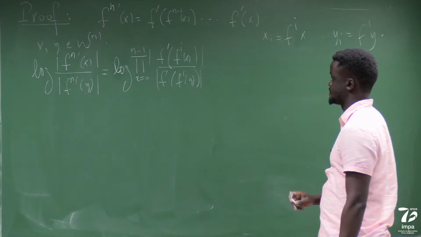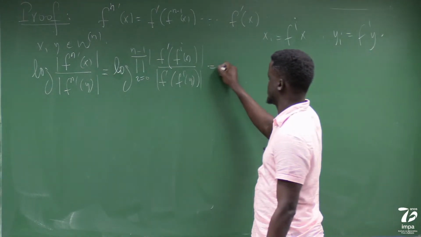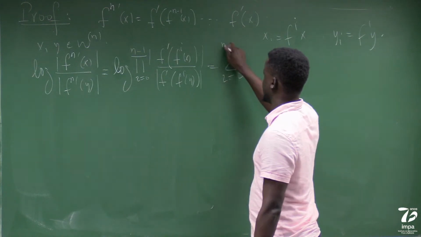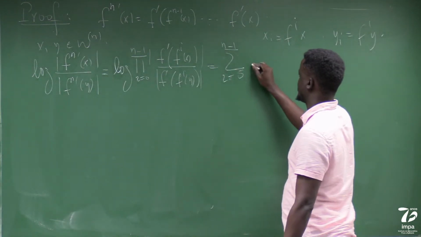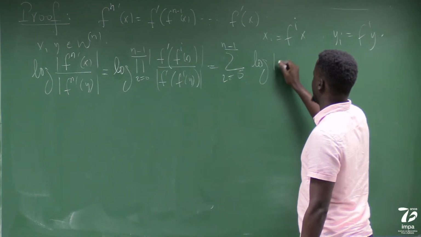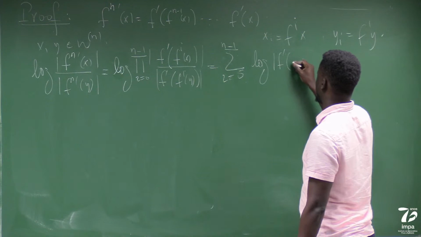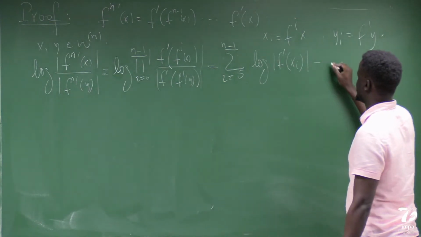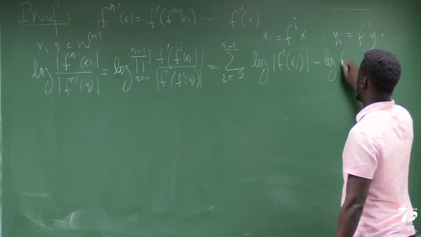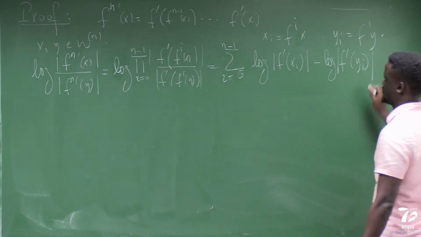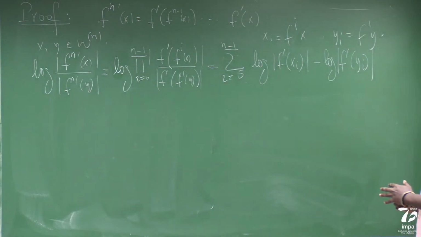And this is the sum for i equals 0 to n minus 1 of log of f prime at x_i minus log f prime at y_i, just using the property of the log.